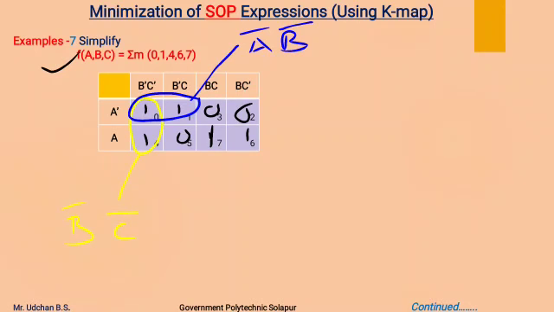After that, we can form another group of this 1 1, which will give the equation as A B. So the end equation will be y equal to A bar B bar plus AB plus B bar C bar.